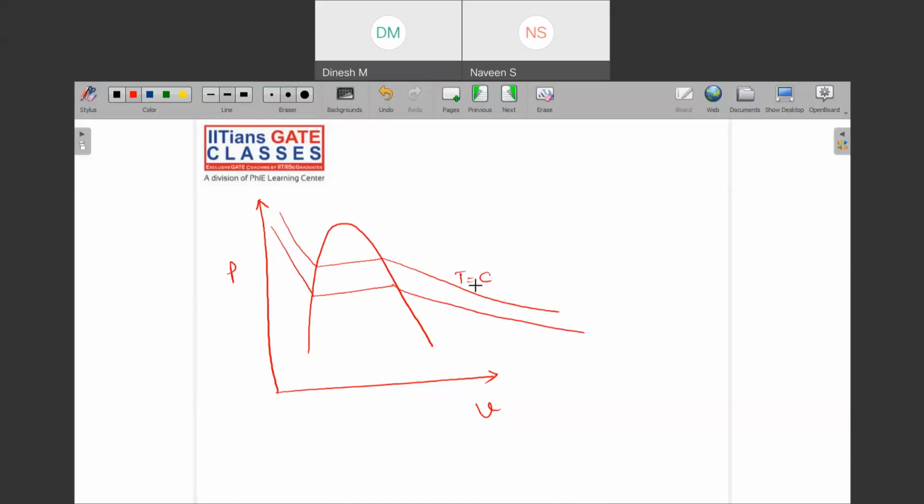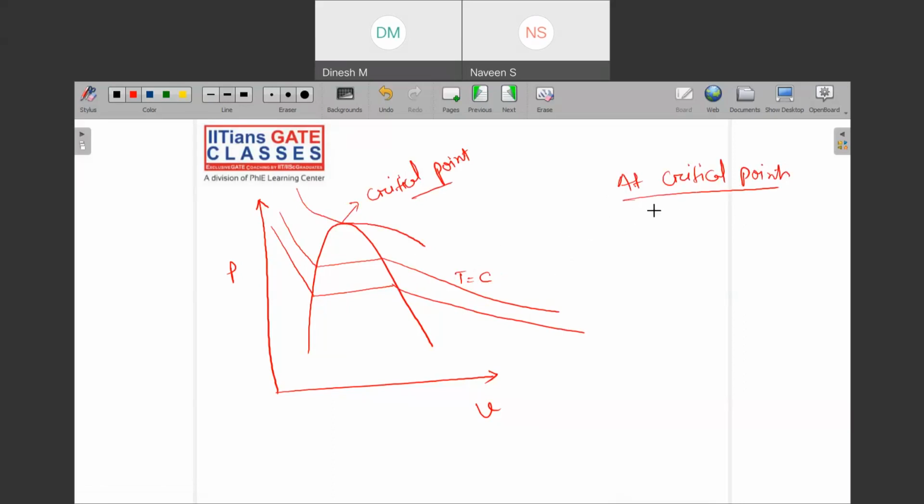Got the idea? So this is the point where your curve would look like something like this. Okay, so this is what is called the critical point. And at the critical point, sometimes this kind of questions come into exam.